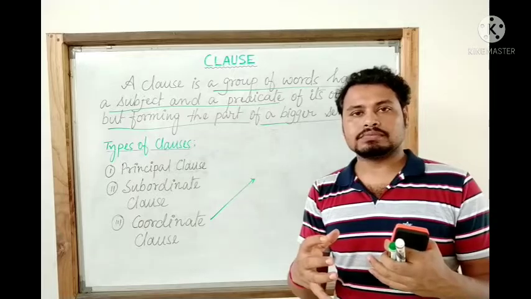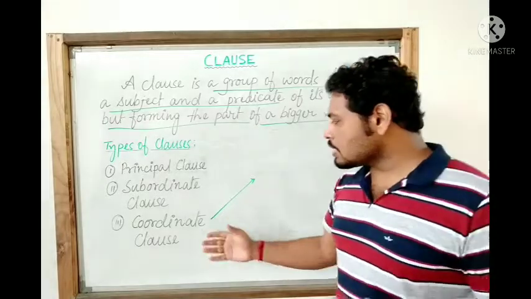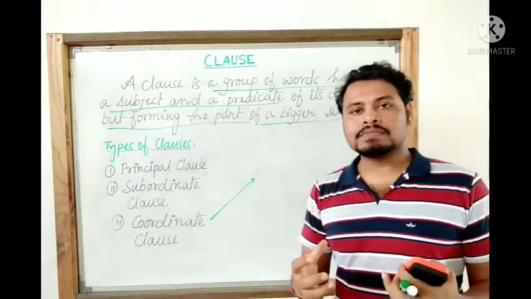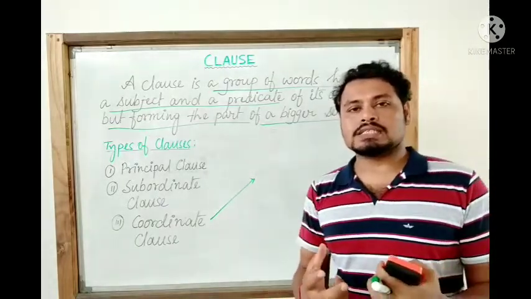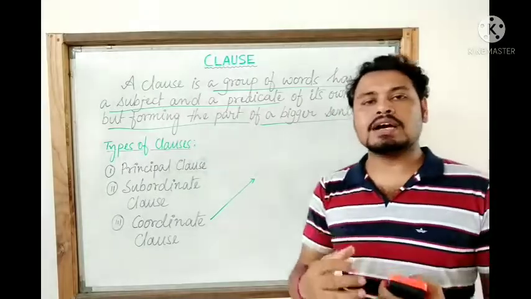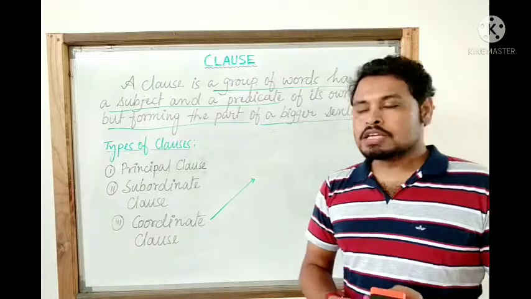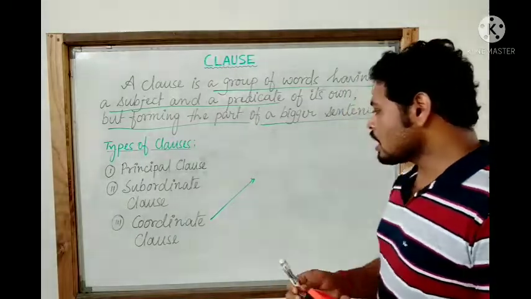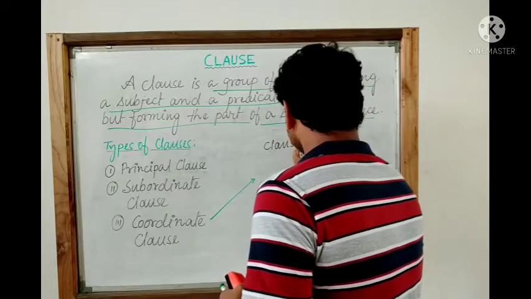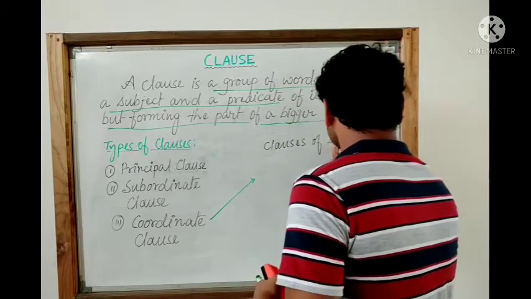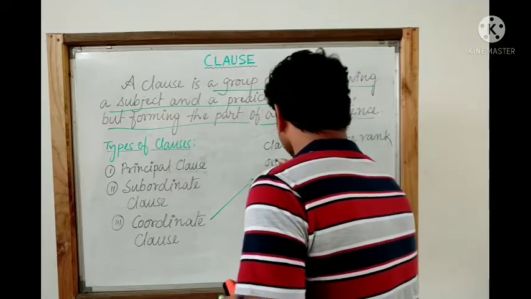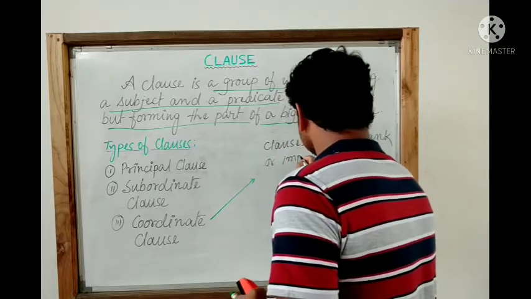That means a coordinate clause is where two different clauses, ideas, or sentences are working together to complete the meaning. So coordinate clauses are clauses of the same weightage. They are clauses of the same rank or importance.